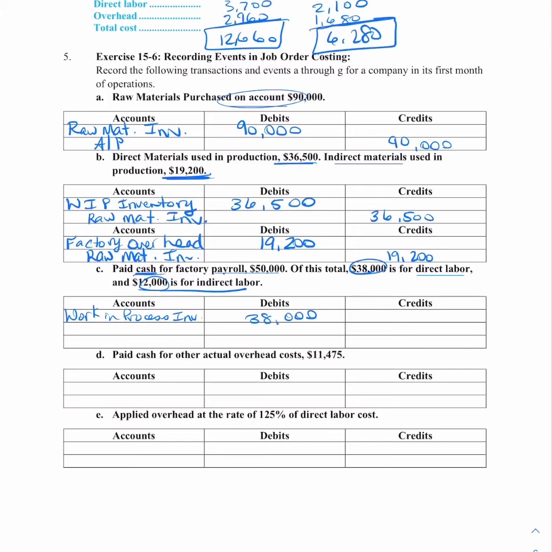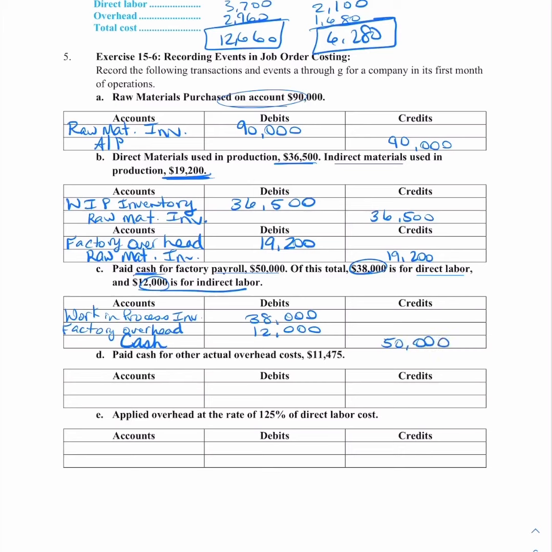And the portion that is for the indirect labor, the $12,000, will go to factory overhead. Notice this is actual factory overhead because we are debiting the account. And our credit that we paid them with, that cash, will be our credit for $50,000.